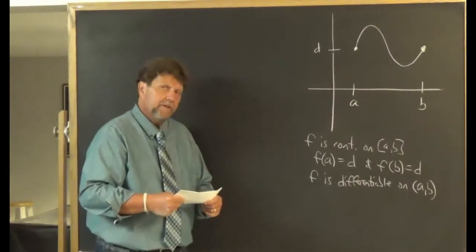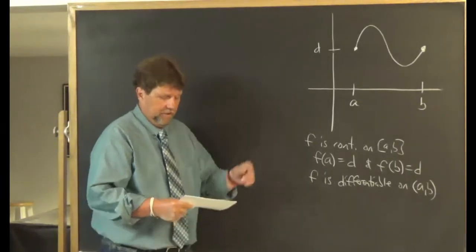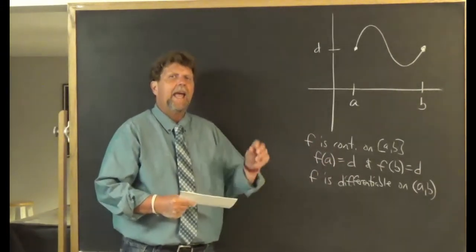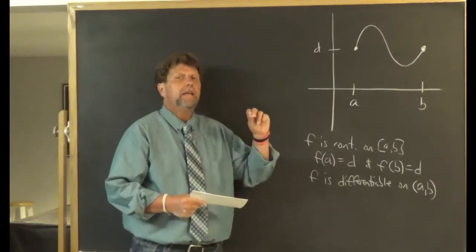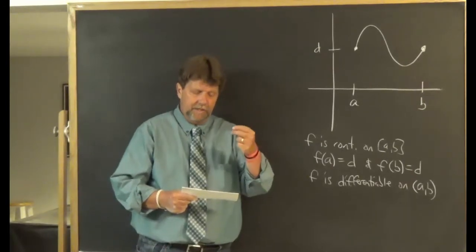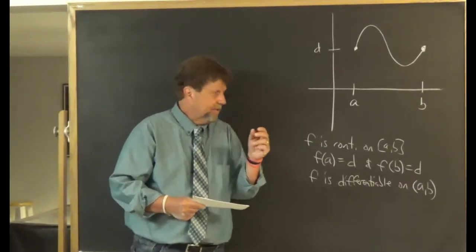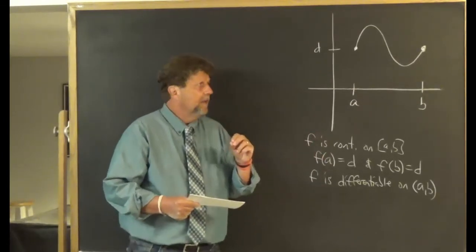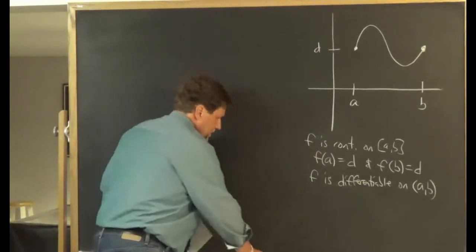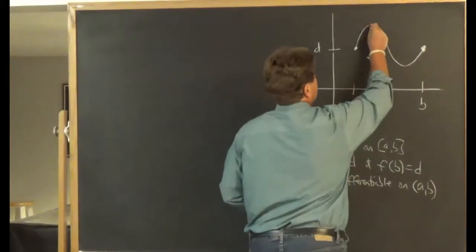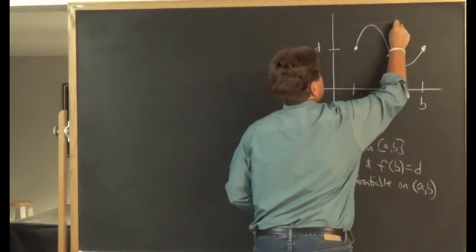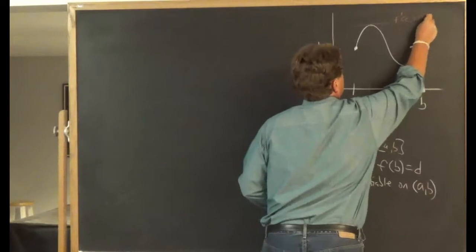Well, folks, if you have a function that's continuous on the closed interval [a, b], such as this, and it's differentiable on the open interval (a, b), such as this one is, and f of a equals f of b, which this one does, then our next existence theorem says there's a guarantee that there's at least one number c in the interval (a, b) such that f prime of c is 0.